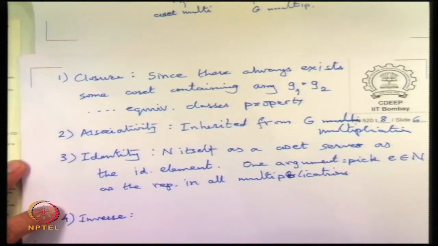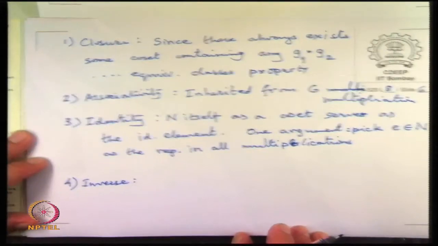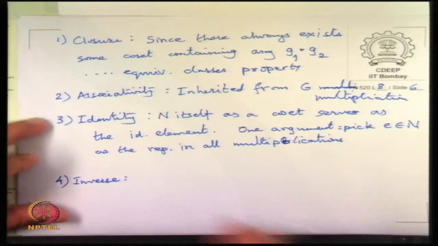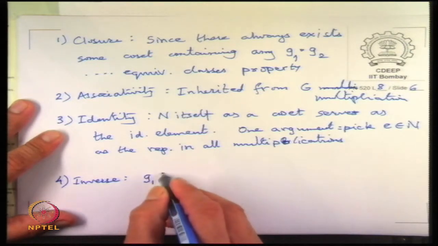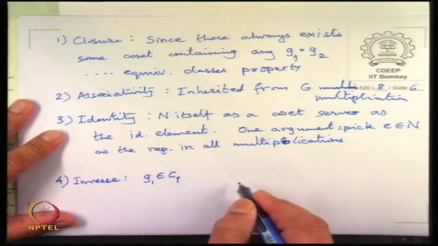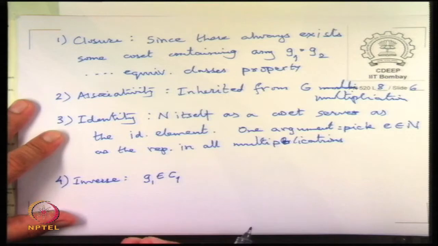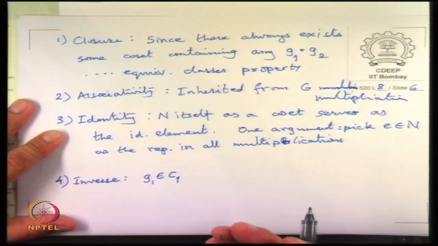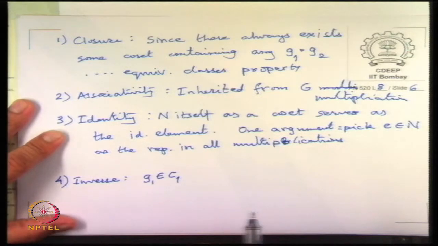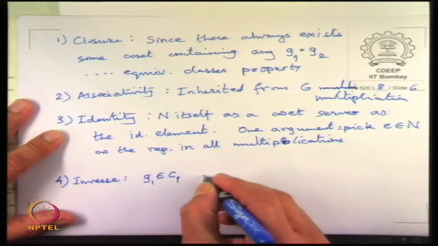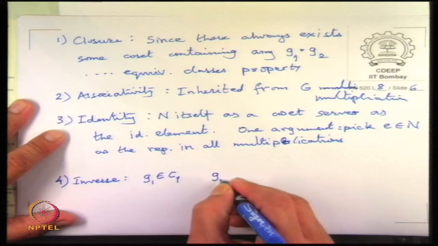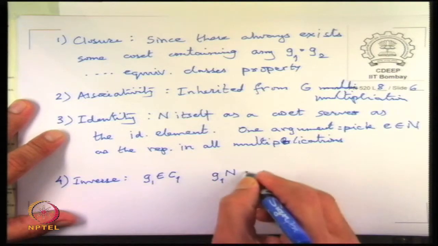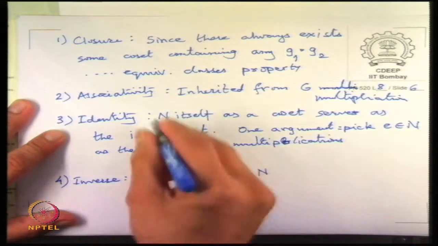And number 4 is the inverse. This is where we need to use the normality a little seriously, because suppose I have G1 belonging to C1, I have to now show that there exists some other coset which contains G inverse, so that I get N. So consider the fact that G1 times N is going to be N, because N is the identity.